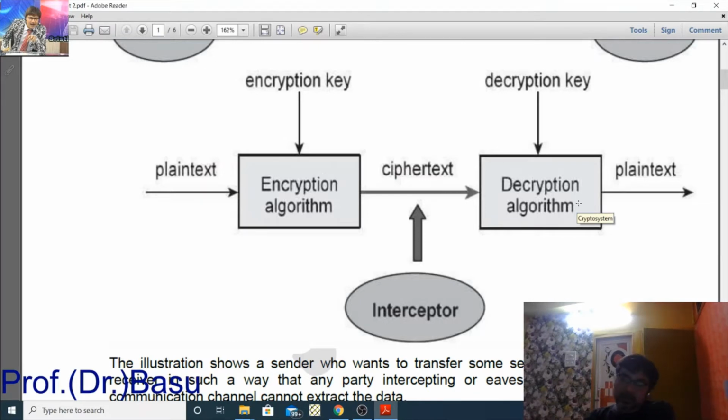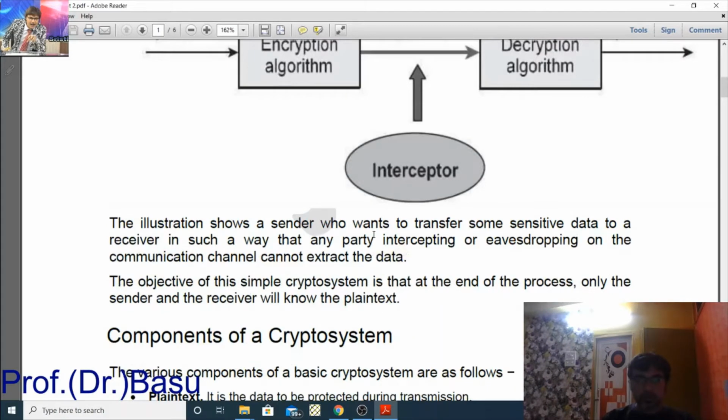It decrypts the encrypted message with a key and gets the plain text. The challenge of this crypto system is that we have to avoid hacking by the interceptors. So this is the main challenge of this crypto system.